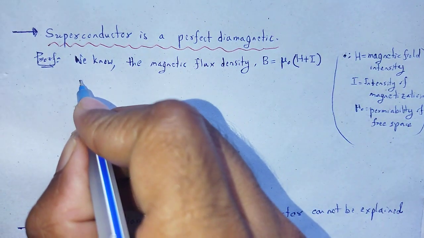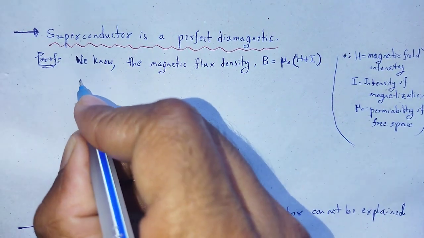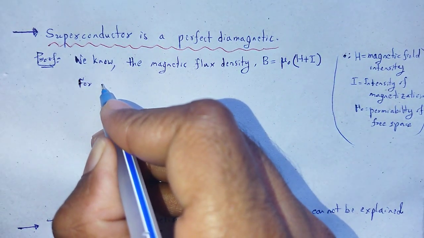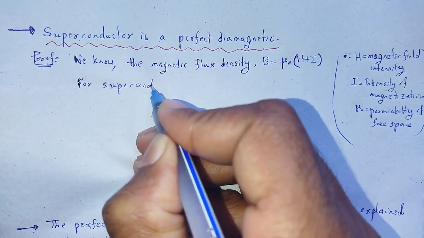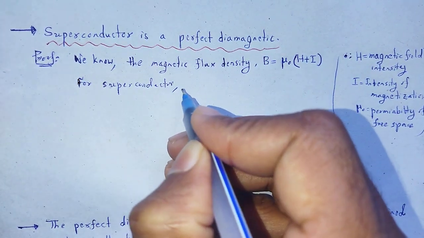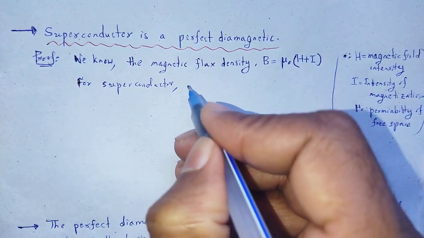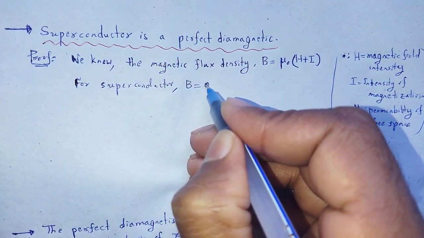Then for a superconductor, the magnetic flux density B is equal to 0.